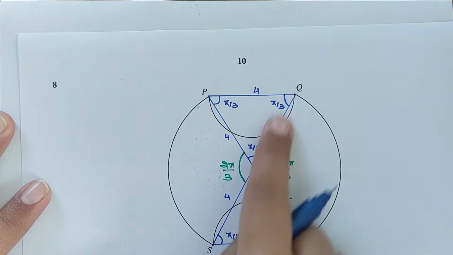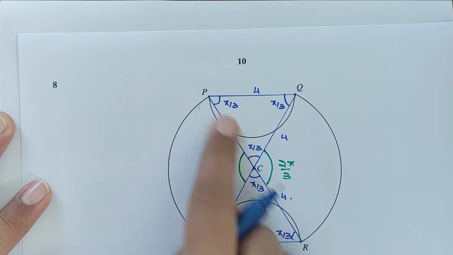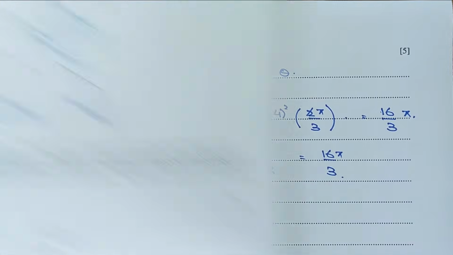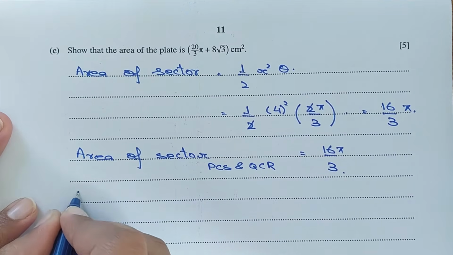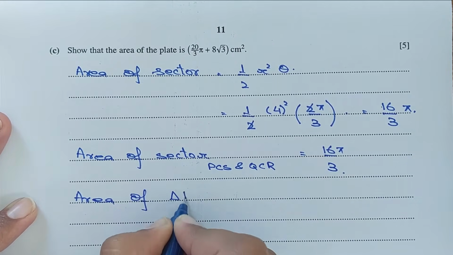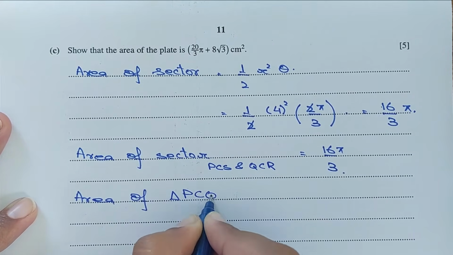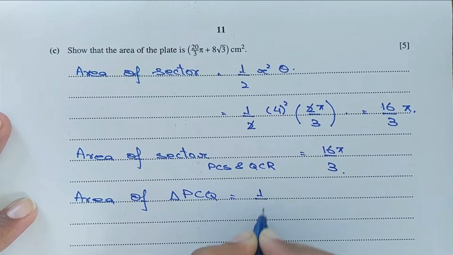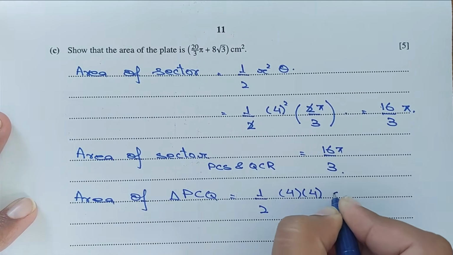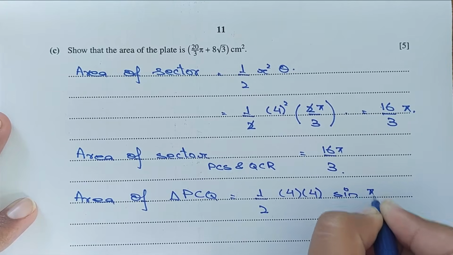Now we have to find the area of this triangle and subtract the area of a semicircle, because the semicircle is not included in the triangle, right? So the area of triangle PCQ is half, the two sides are 4, and sine of the angle between them, which is pi by 3.